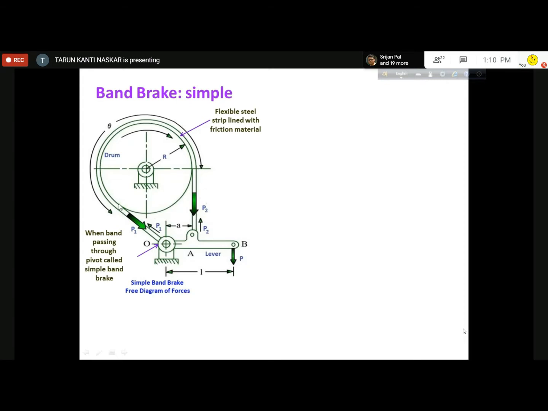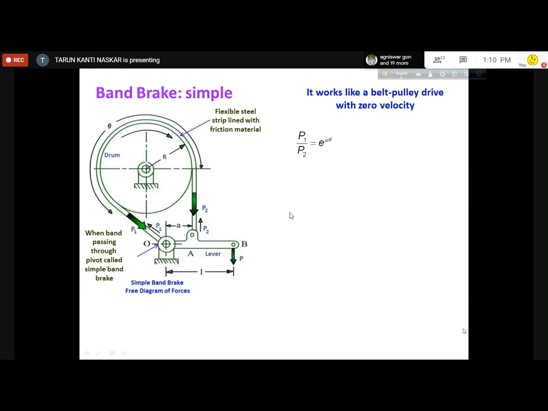And this theta is important because P1 by P2 equals e to the power mu theta. If theta rises, then P1 will be far higher than P2, and P1 minus P2 is the braking effort.